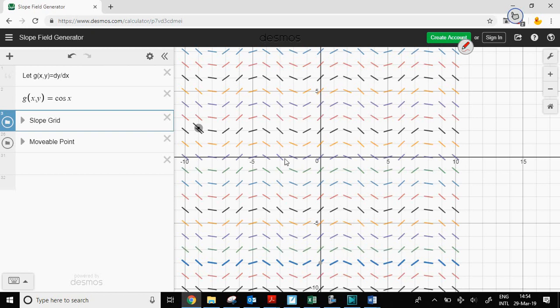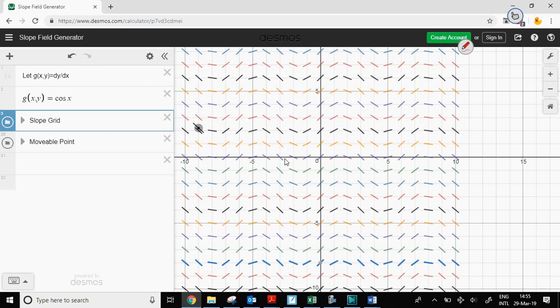What a slope field is, it shows us the slope at any particular point as defined by a particular differential equation. So we said, in this case, y prime is equal to cosine of x. So like when x is 0, for example, cosine of 0 is 1.